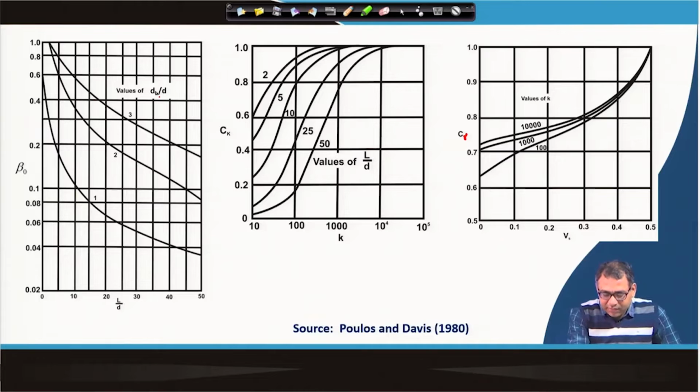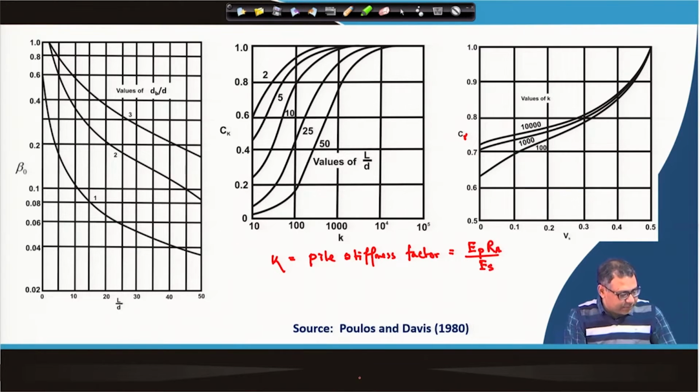Then C_k we will get from this chart, where K is called the pile stiffness factor, which we can calculate as the elastic modulus of the pile and R_a divided by the elastic modulus of the soil. Now, for a solid pile, R_a is equal to 1.